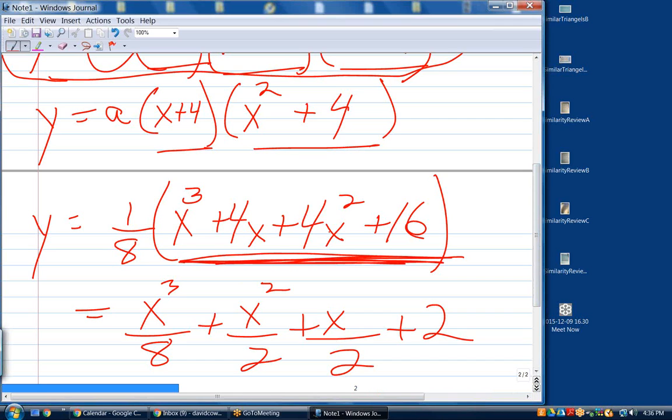What's wrong with that polynomial? It has the three zeros that we're talking about, but its y-intercept is 16. So if I multiply it by an a of 1/8, if I look at the equation at the very bottom of my page, what's the y-intercept? 2. Correct.